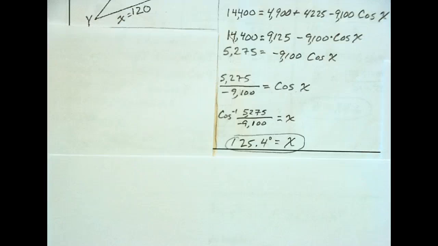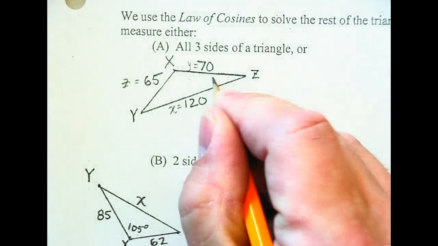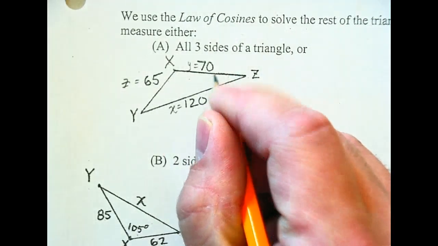Have we solved the triangle yet? No, we haven't. So what we have is we have now found x degrees. Looking at our picture here, what was this again?